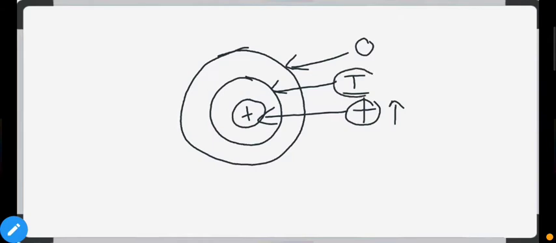But the electrons present in the inner shell will almost cover the positive charge, or neutralize this positive charge mostly, so that the outer orbital electrons feel less attraction towards the nucleus, because most of the attraction is neutralized by the inner electrons. So let us say we have a few electrons here. Let us represent these electrons as half arrows. Mostly these electrons will neutralize the positive charge of the nucleus.